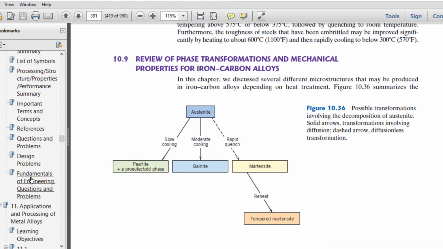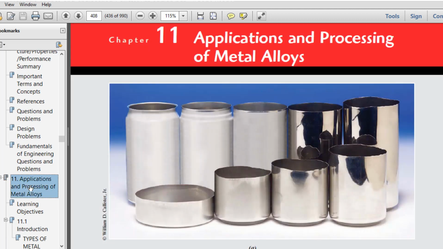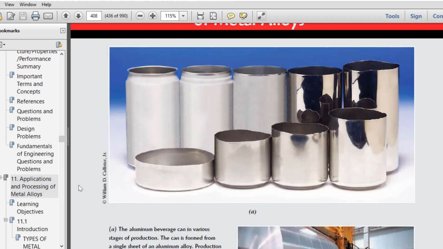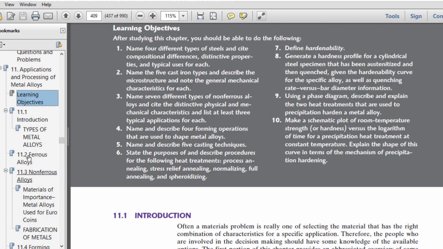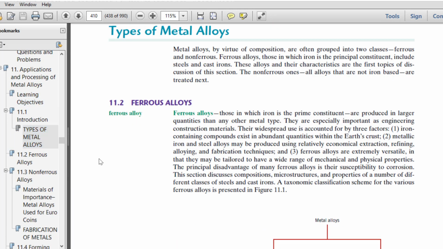Okay, now chapter 11. Chapter 11 is also important, and you will have to read complete sections, because I have written brief notes on what things you should read.